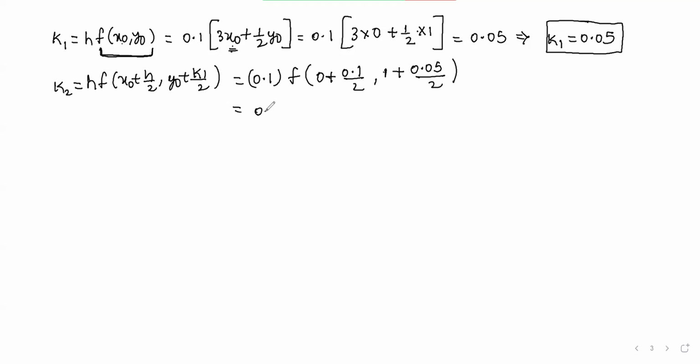That is equal to 0.1 into, this is again in the form of f of x comma y. So find the values of these two: 0.05 comma 1.025. That is equal to 0.1 into f of x naught comma y naught.